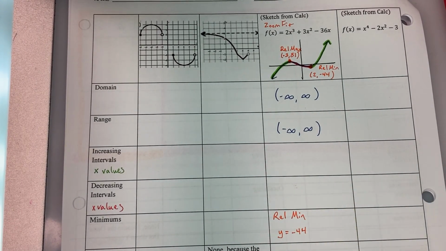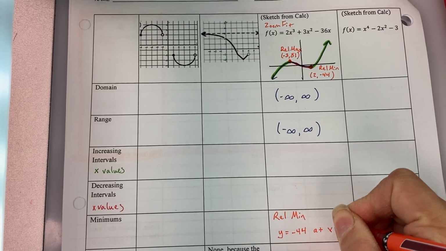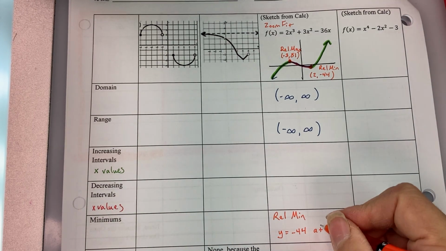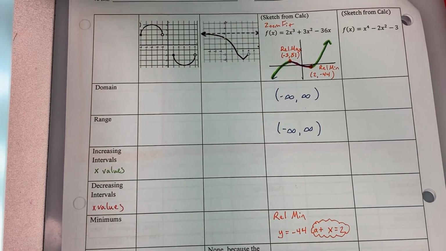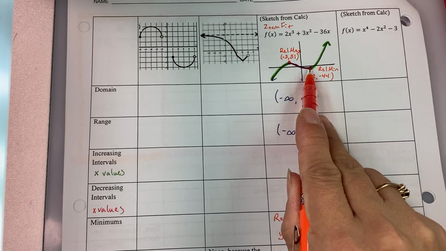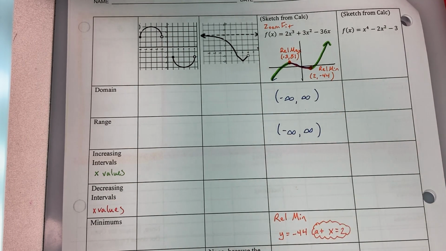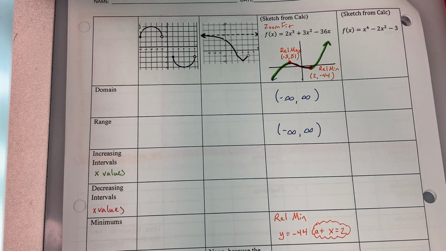And on my math lab, it might have you say at x equals 2. So I'm not going to have that part on my answer key, but that's going to help you out with some of the My Math Lab stuff, where it wants you to state that low point, the y value, but also the x value input that gets us to that low value.